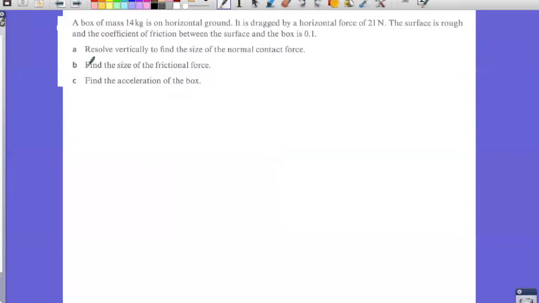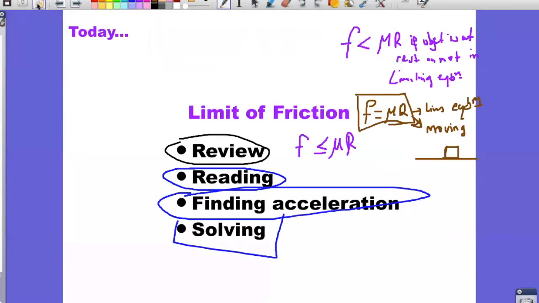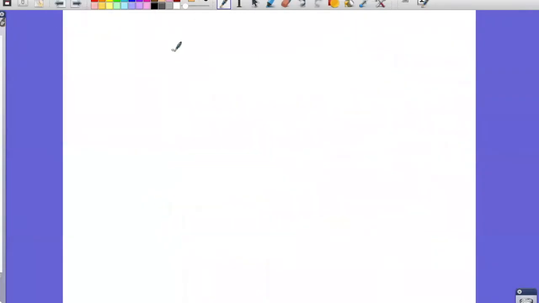So essentially, if you have an object on a surface, if there is a force like that, and this is the limiting equilibrium force, you have F here, which is mu R, but this object is still at rest. So this is limiting equilibrium.